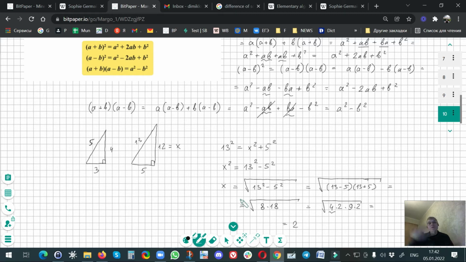I can take a square root. It gives me 2. There is also a 9, which means that a 3 goes out from the square root. And what is left is a pair of 2's, which gives me finally 2 by 3 by 2. And that's exactly 12.